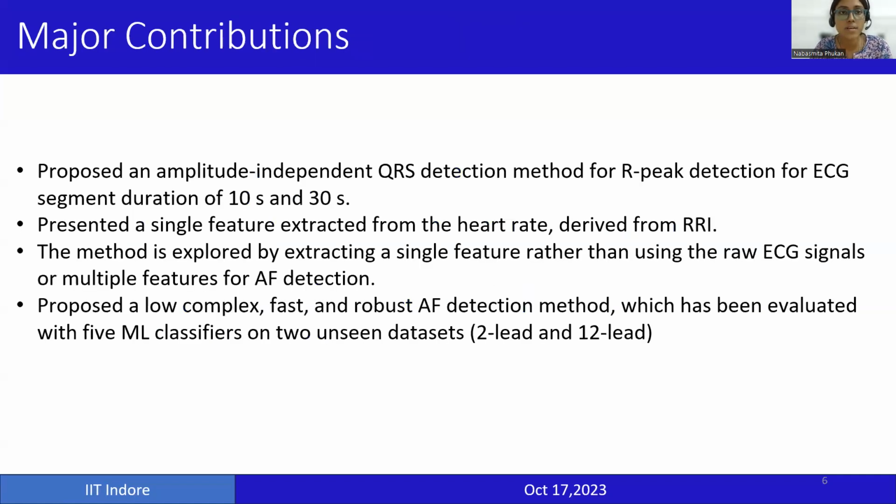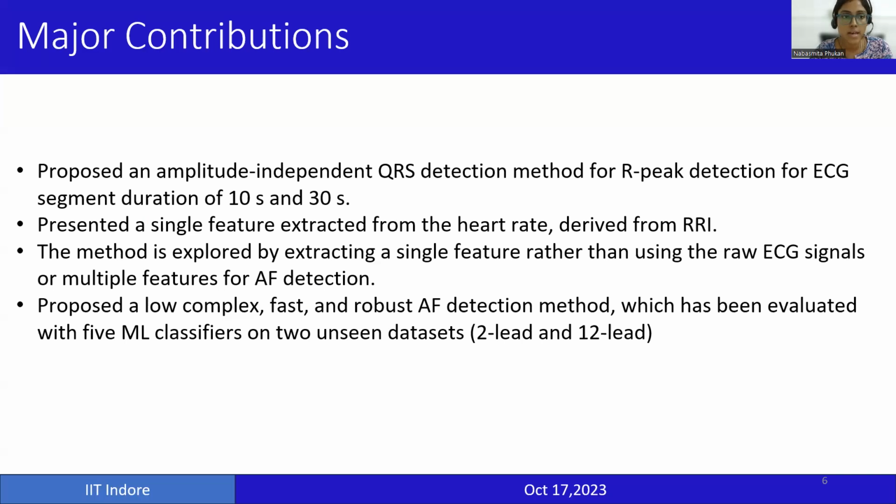So what are the major contributions of our work? One of the major contributions is that we have proposed an amplitude independent QRS detection method using ECG signal segments of duration 10 seconds and 30 seconds. Next, we have presented a single feature for detecting AF rather than using multiple features.